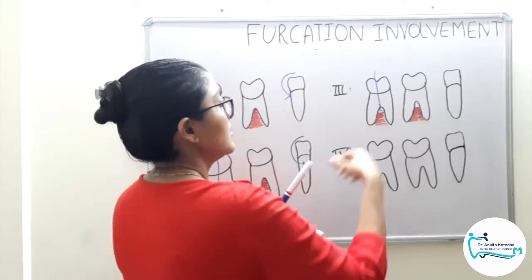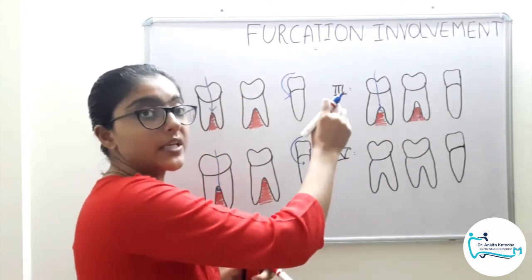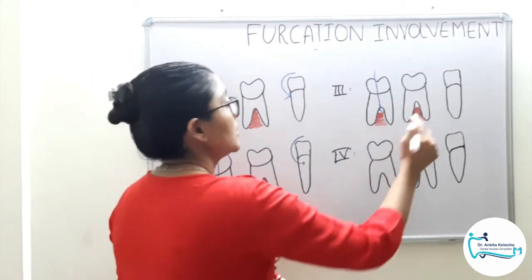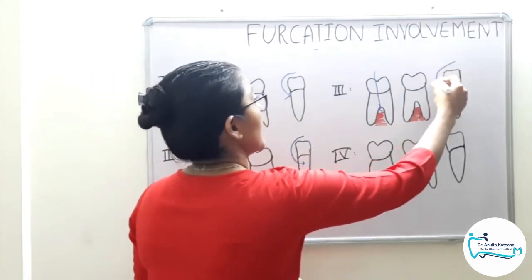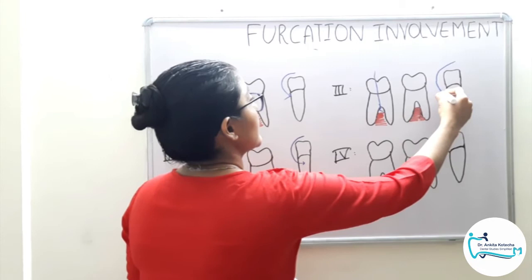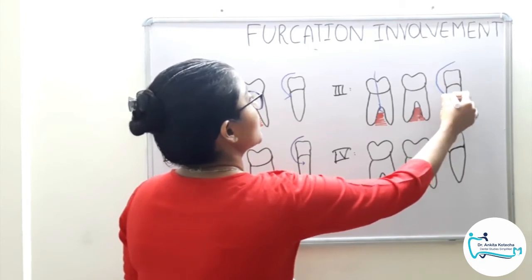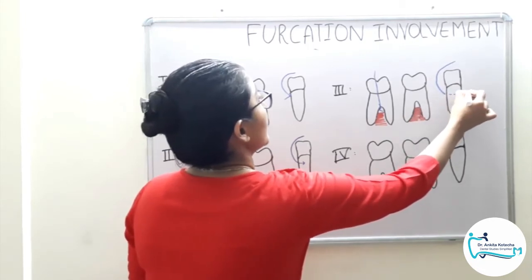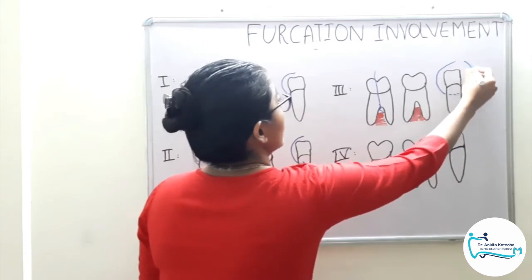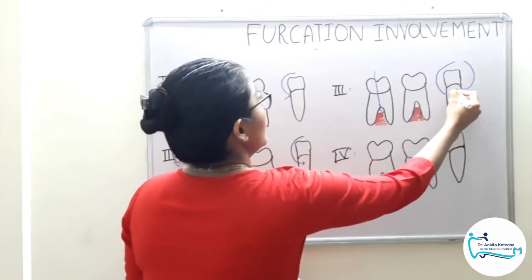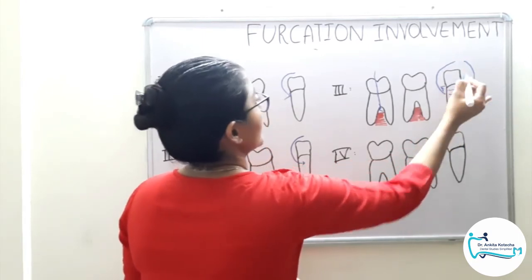So a clear triangular furcation area will be visible for grade 3, and our furcation area is detectable clinically with the Nabers probe via total penetration of the probe. Be it from any side that you enter, it will be a through and through penetration.